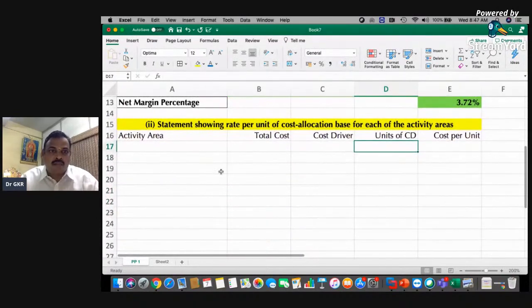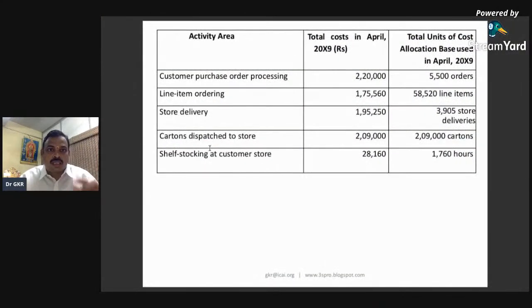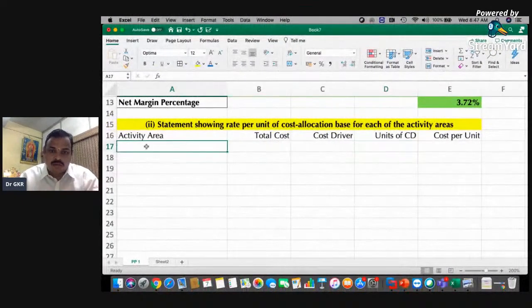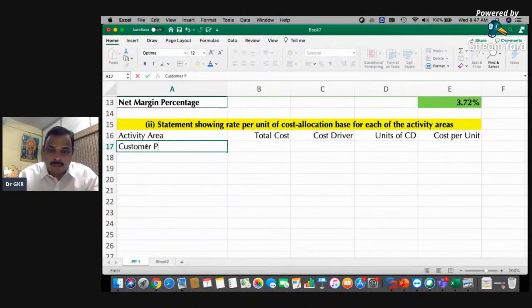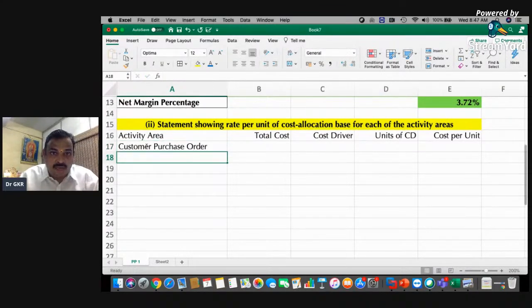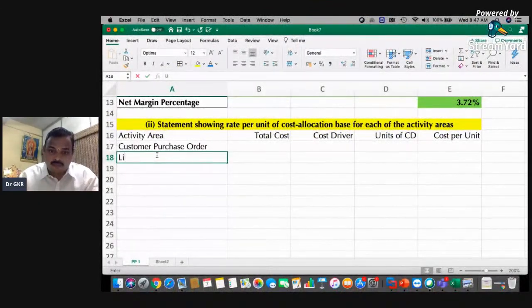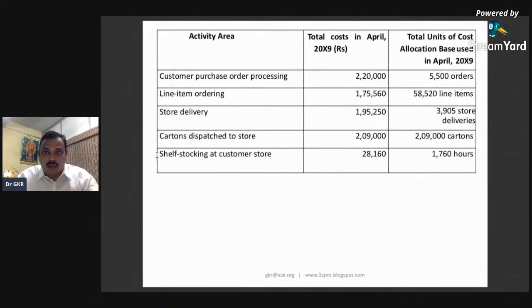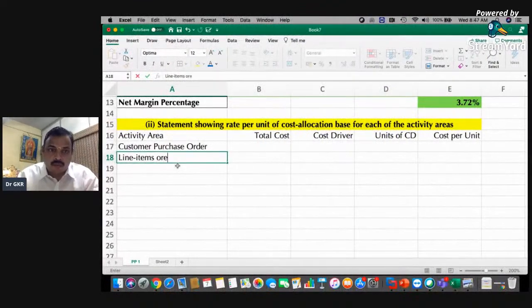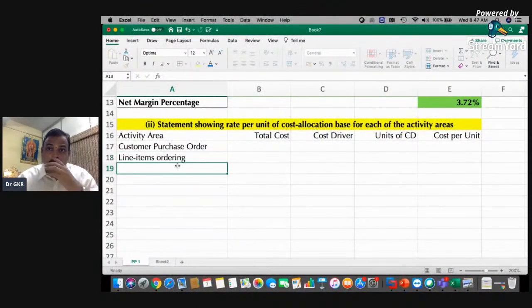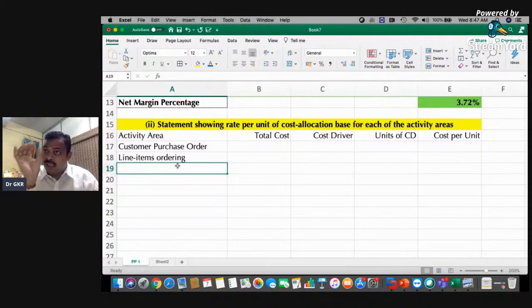Okay. So what is your activity area? Customer purchase order. This is one activity area. Second, line items ordering. When one person orders, line items means how many items they are going to buy.